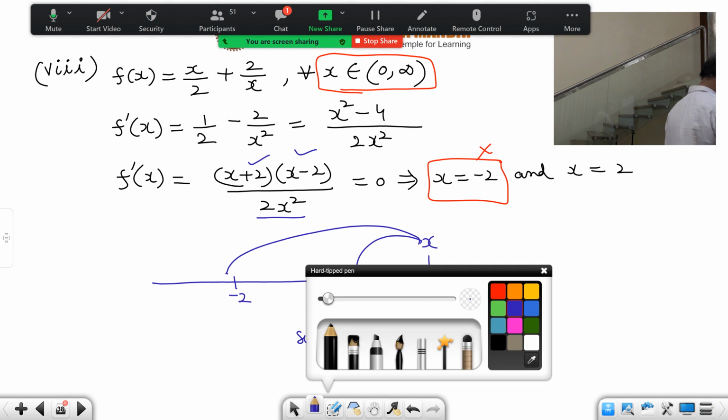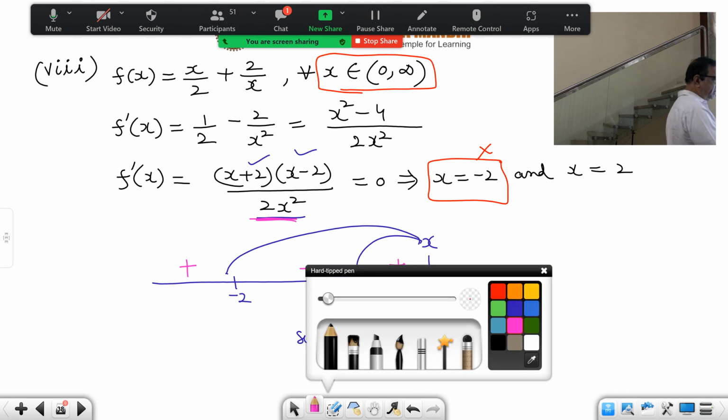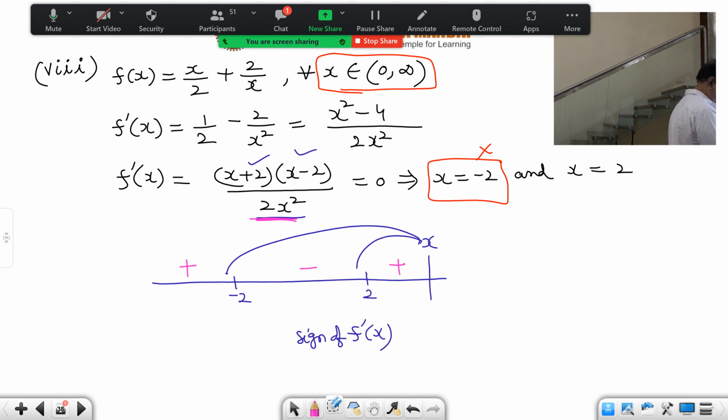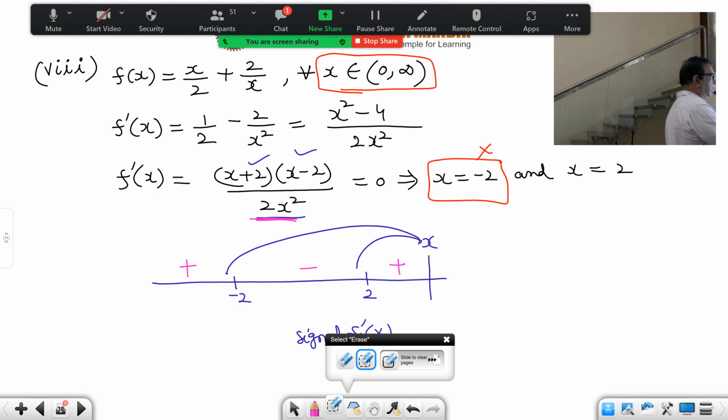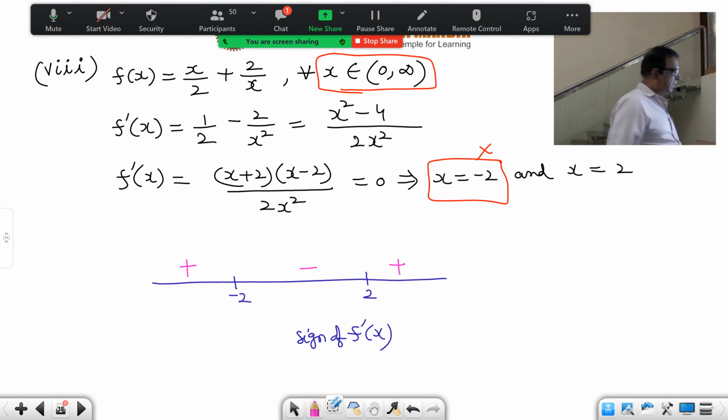So you will get a positive sign here. Then alternately you will get a negative sign and then a positive sign. Denominator you need not worry, it is always positive, only numerator, minus 2 and 2. So let us remove the unnecessary things so that we can see the diagram clearly. Okay, now this is clear.